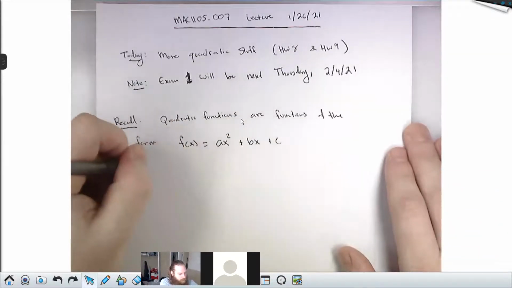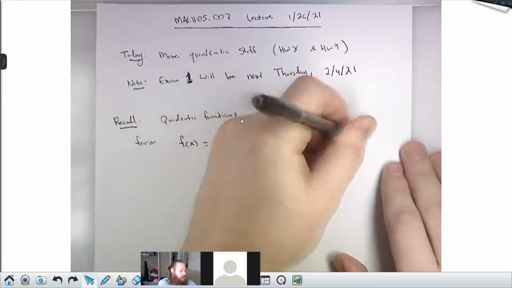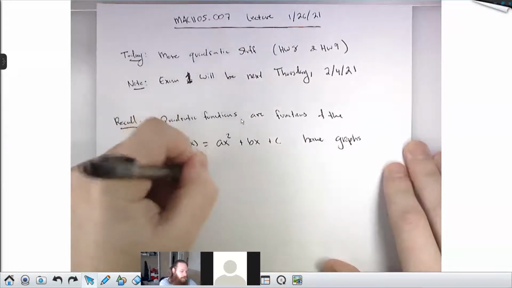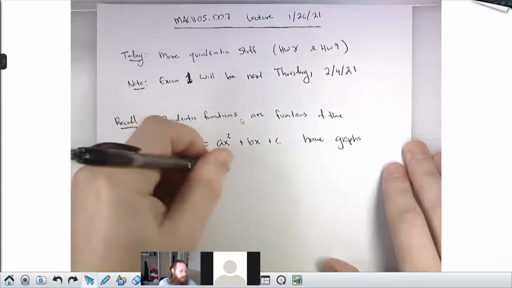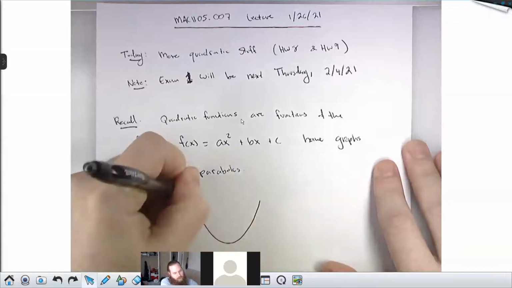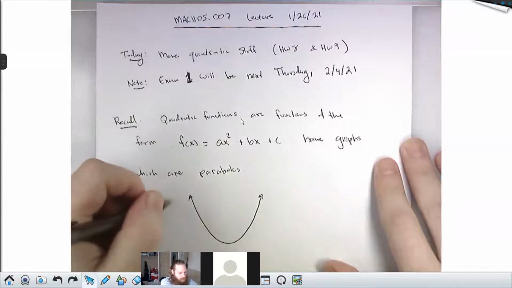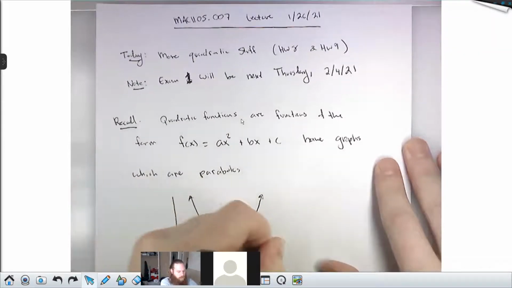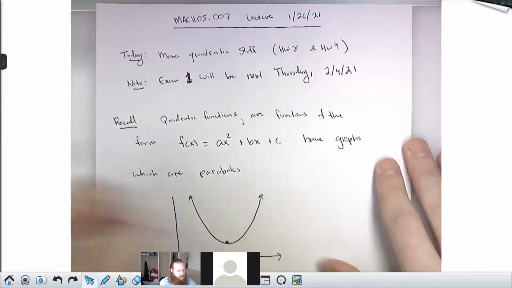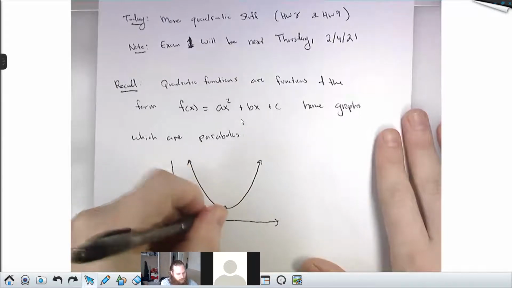They have graphs which are parabolic, or parabolas. That graph tends to have this sort of shape. And this point right here, the vertex, we usually call that h comma k.